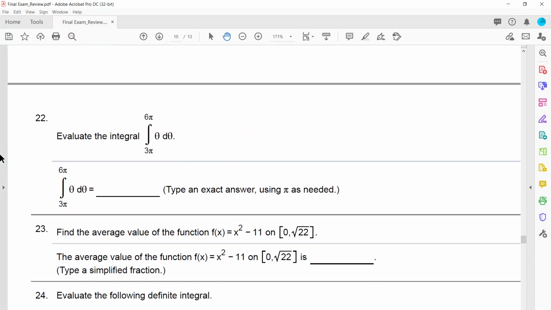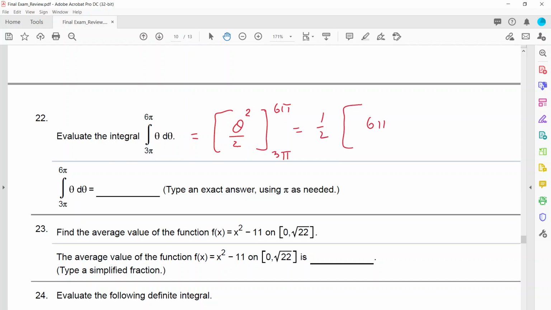Okay. Find the integration of theta by using the fundamental theorem. We know that the integration of x is x squared over 2. In this case, it's theta. Now we have to plug in the limits of integration. So I can bring this half outside.